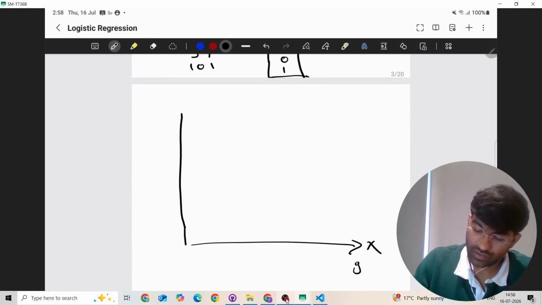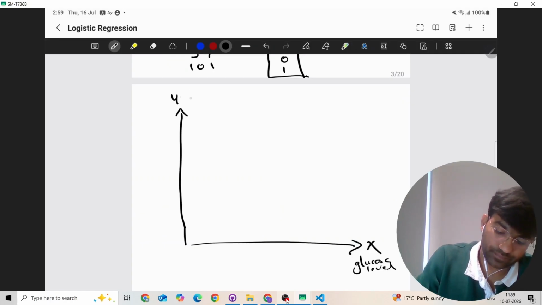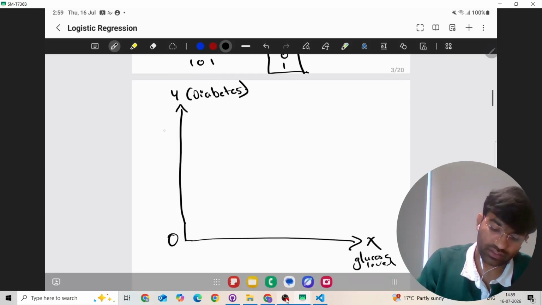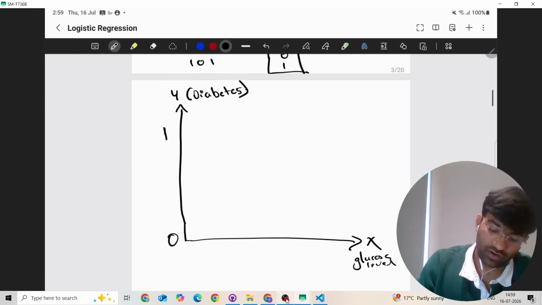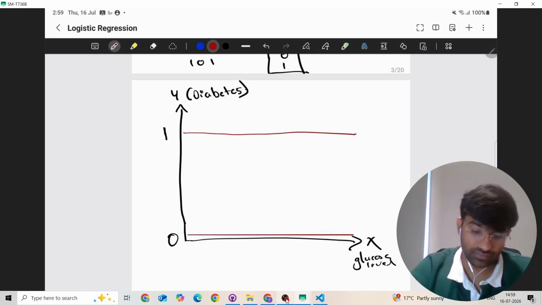X is glucose level and y is diabetes. We have only two outputs, that is 0 or 1. If we draw a line here, it is 0 or 1. So what will be our best fit line now?